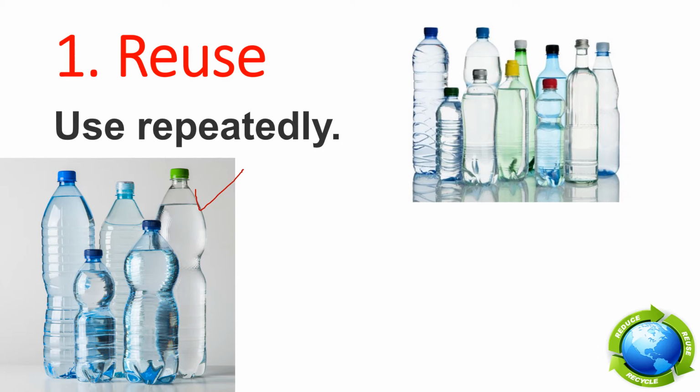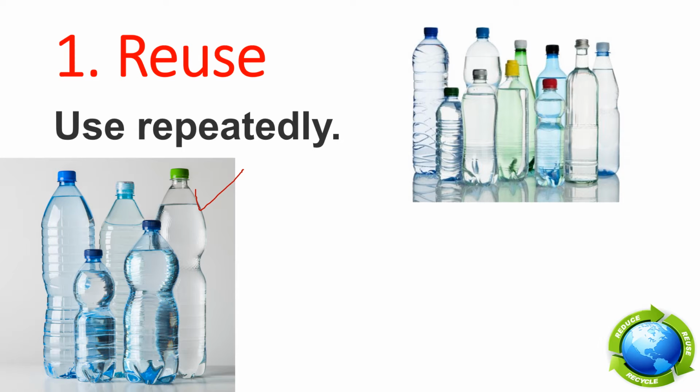If we already drank the water, instead of throwing it away or putting it in the garbage, we can reuse it again, right? So refill it with water, use the plastic again so it will be usable. In that way we can stop or minimize throwing many garbage in the bin. So reuse means use repeatedly or use it again.